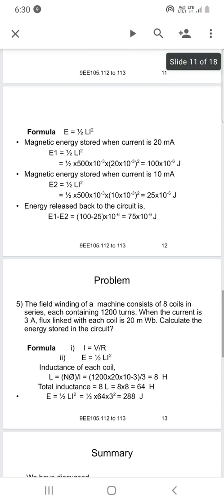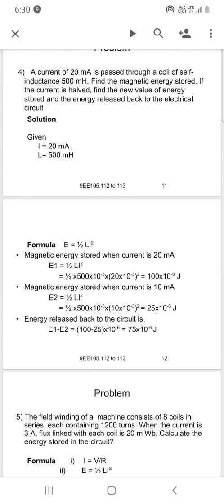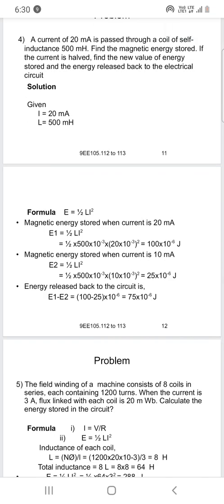So here first we have to find the value of E1. When the current of 20 milliampere is flowing through the circuit, the energy stored is E1, which is equal to half L I squared.